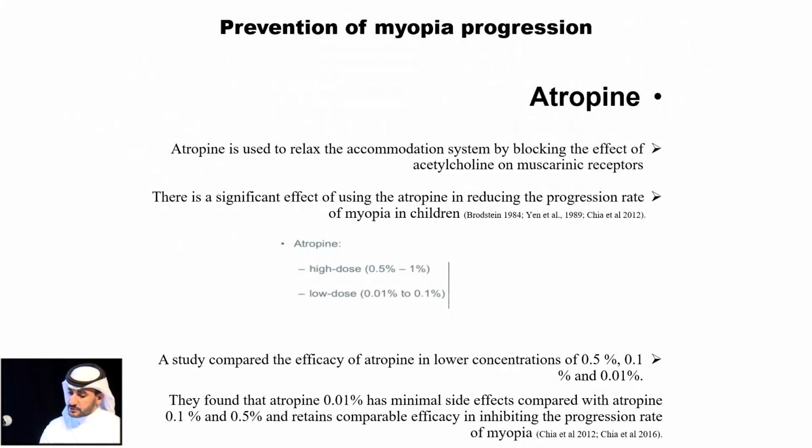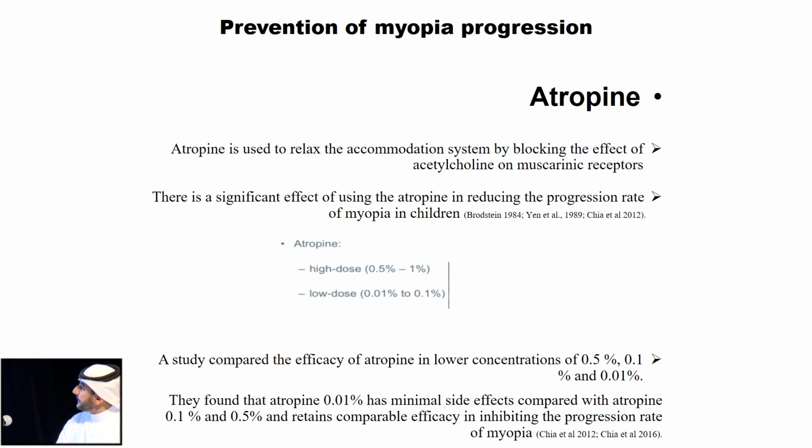The second method is using atropine. As you know, atropine is used to relax the accommodation system. And studies have found a significant effect of using atropine in reducing the progression rate of myopic children. Atropine can be used in 2 different ways. We have the high dose and the low dose.